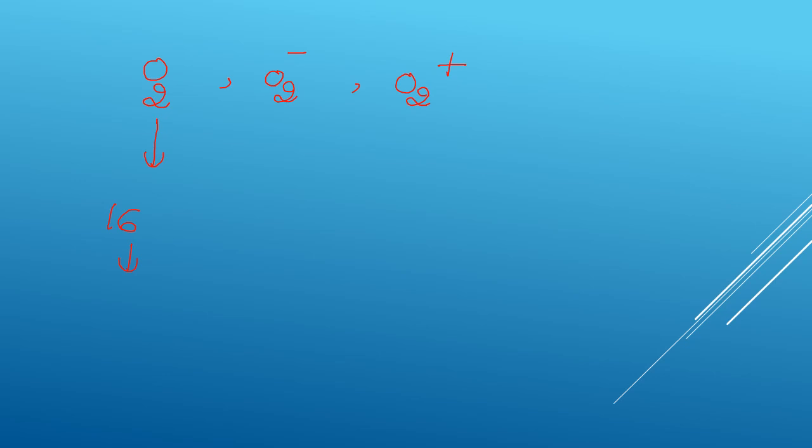It is paramagnetic in nature. Okay, now in the case of O2 minus, there is an extra 1 electron, so 16 plus 1, a total of 17 electrons. This is an odd number, so the molecule is paramagnetic.